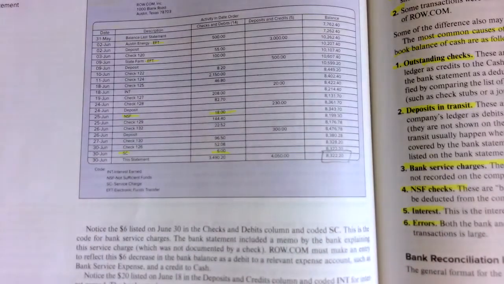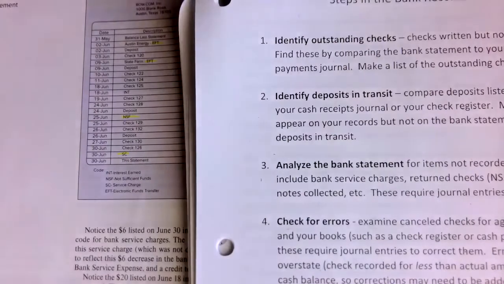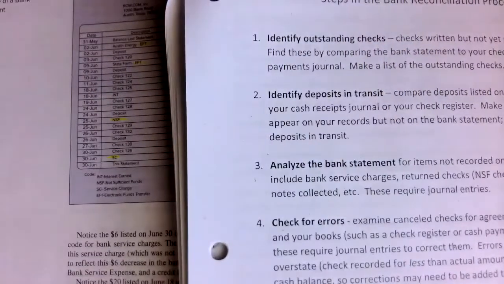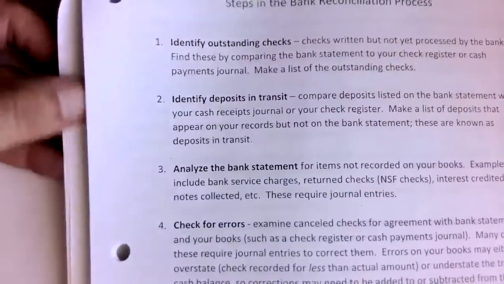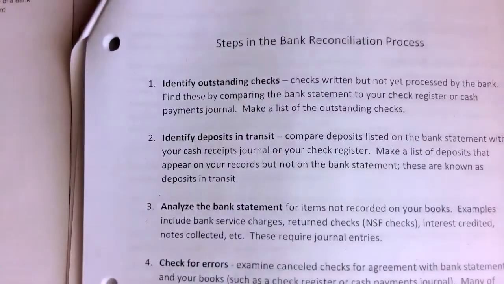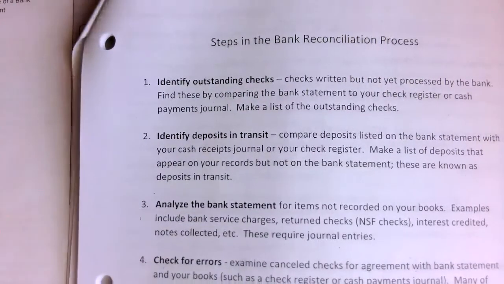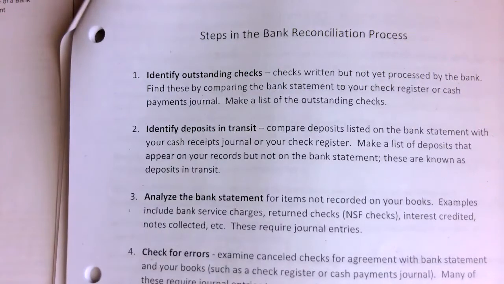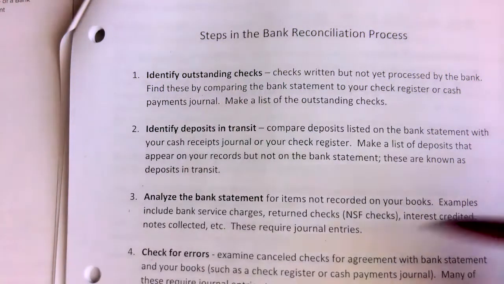So that's outstanding checks. And the process to identify all of them can be tedious. If you're working for any sizable company at all, you'll probably have a number of outstanding checks. So you have to go through your books. Typically, companies will have some sort of cash payments ledger, subsidiary journal, et cetera. So a record of all the checks you wrote.